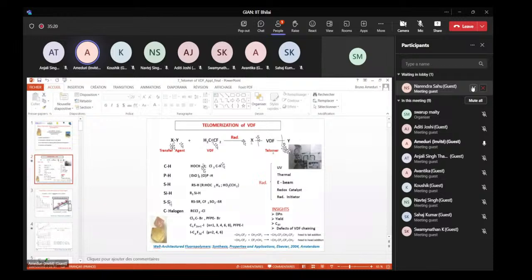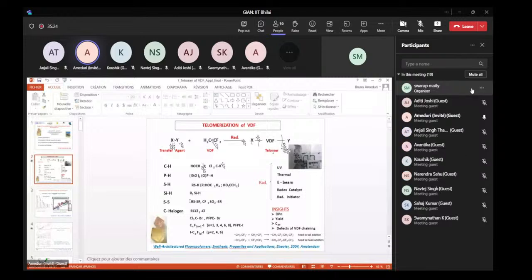Si-H bond also can be cleaved. Sulfur-sulfur, so we did some examples with disulfide or this specific sulfonate-containing sulfide, and carbon-halogen, carbon-chlorine, carbon-bromine, in the case of fluoropolyethers, bromine. So at Solvay, they did some telomerization with this kind of chain transfer agent, and also carbon-iodide and diiodide.